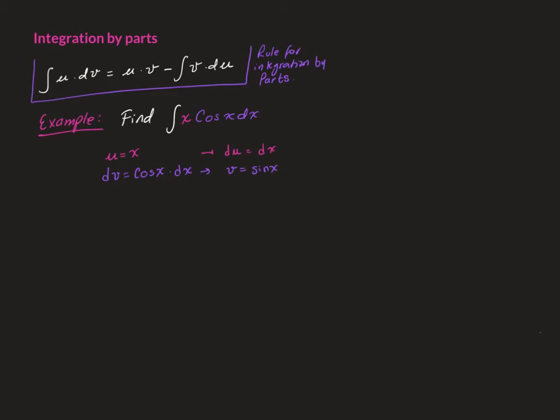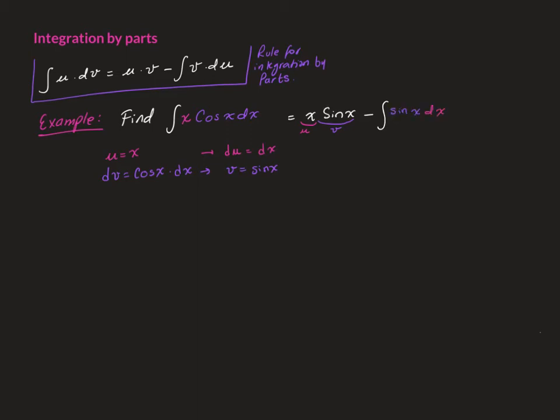So using parts, the integral of x cosine of x dx is going to look like u times v comes first, so x sine of x minus the integral of v, which is sine of x, du, which is dx.